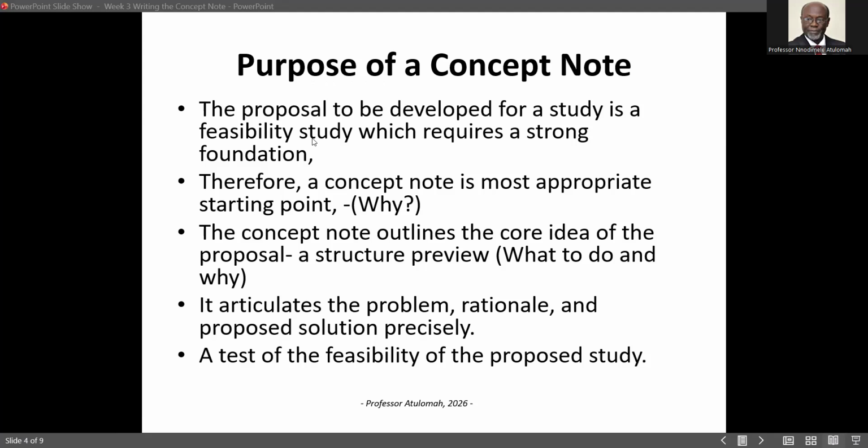So your concept note is the very first attempt to put all of these together so that you can have either the first order, second order, or third order solution. The concept note also is a test of feasibility of the proposed study.